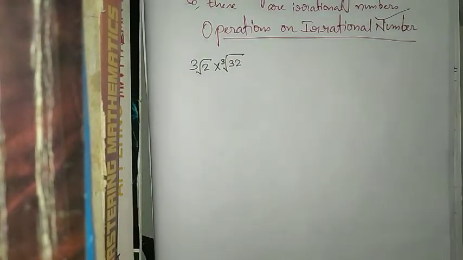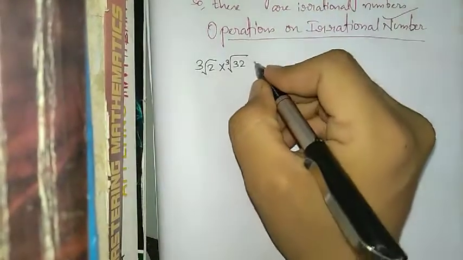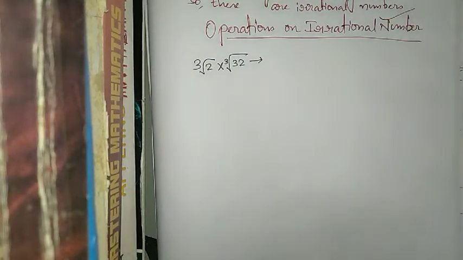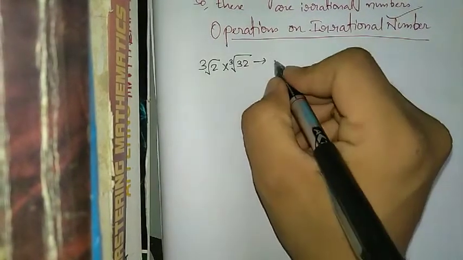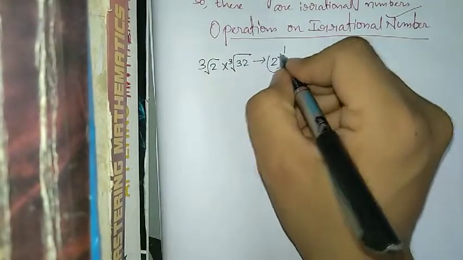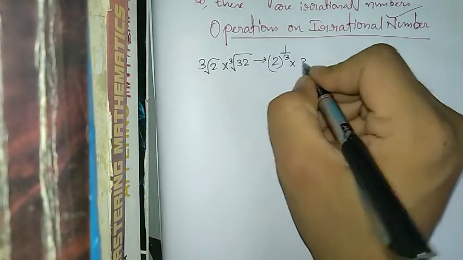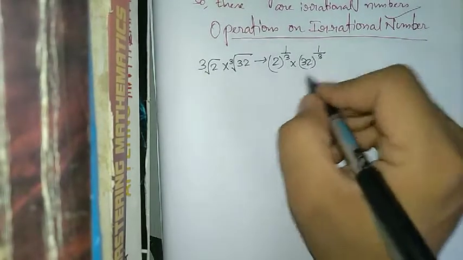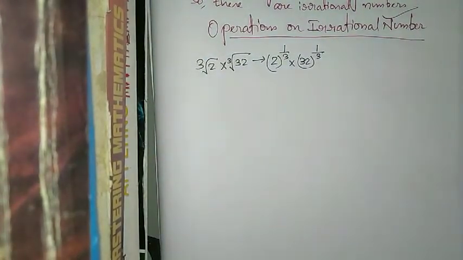I'll take the sheet hand in hand. What is the formula over here? Which formula is applied? What is the base? I can write this as 2 power 1 by 3 multiplied by 32 power 1 by 3. Why am I writing this? I have explained it in the polynomial in one variable chapter, in that lecture.